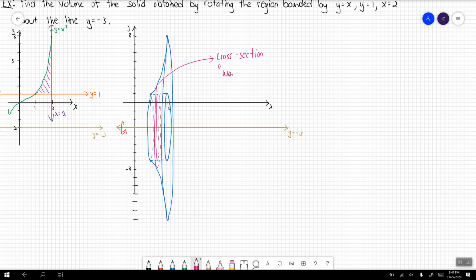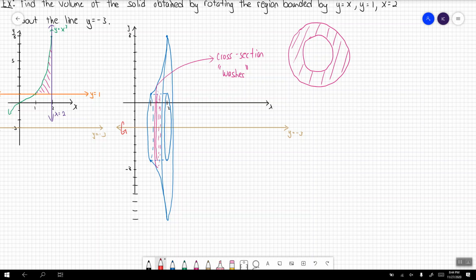This is going to be a washer. So we have an outer circle, then we're going to have an inner circle, and we want to find what is the area of this washer.